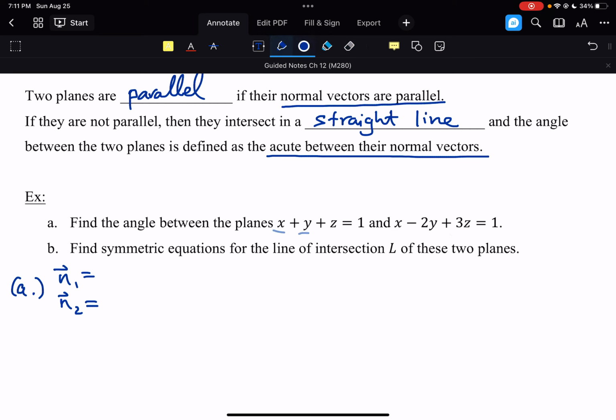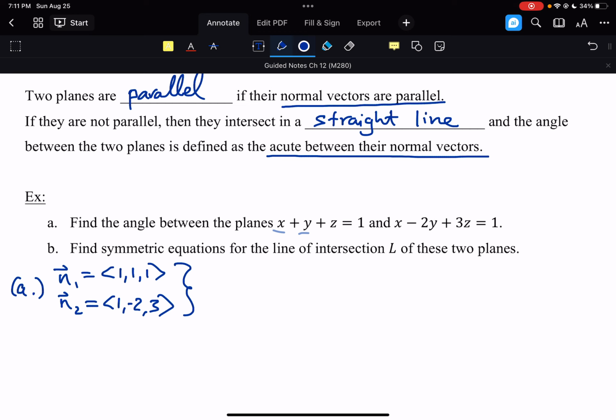So for this first one, that's going to be 1, 1, 1. For the second one, we get 1, negative 2, 3. So now, if we find the angle between these two vectors, that will be the angle between the planes also.